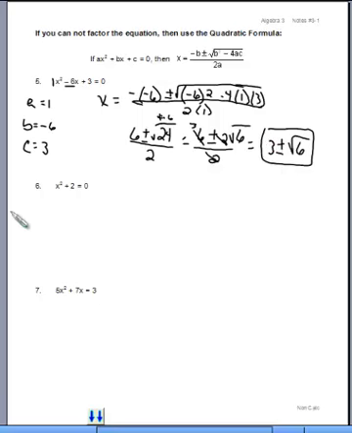Okay. Now looking at this, there is no x term, but we still have to write a b. In this case, a equals 1, and b equals 0, and c equals 2. Now we should know, because it's a binomial, it's not a difference of squares, it's a plus sign in between, that there's no solution.